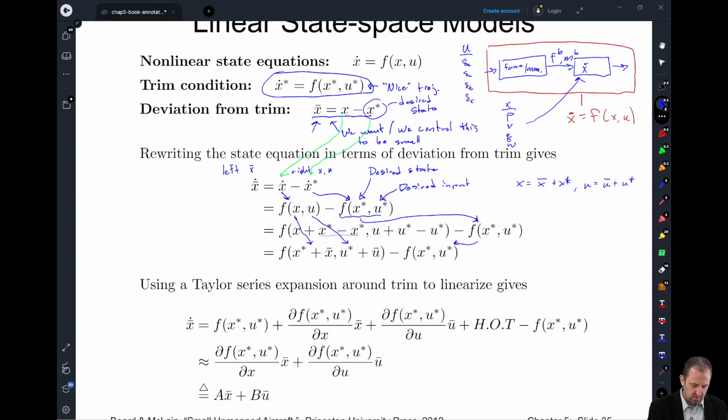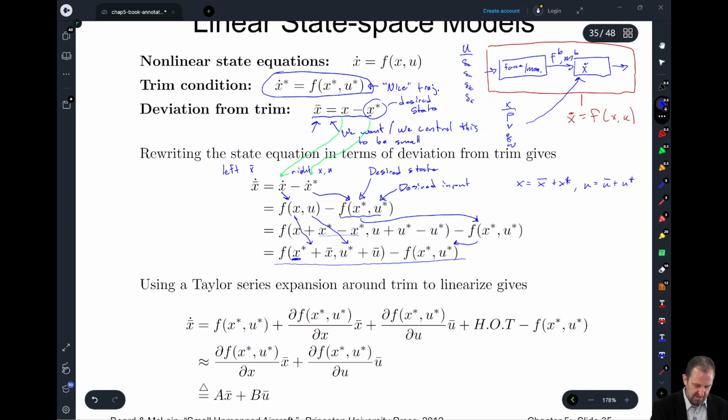So we now have this formulation, which is very helpful because we have our nominal state plus something small. So this is small. Our nominal input plus something small. And anytime we have a function around a nominal plus something small, we can think of using a Taylor series expansion.